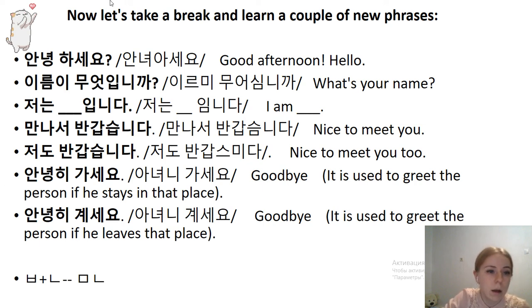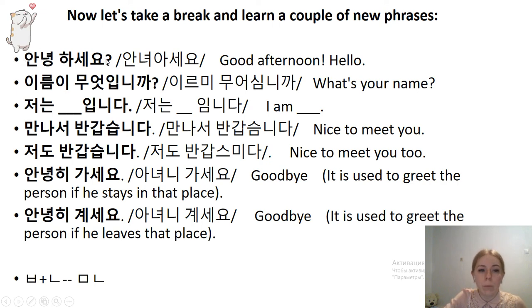but you read them like 무, because there is such a rule. So let's look through all these phrases. The first phrase is when we say hello or something like that. It's formal, the polite form. We say 안녕하세요. It's the pronunciation, and this is how we write it.